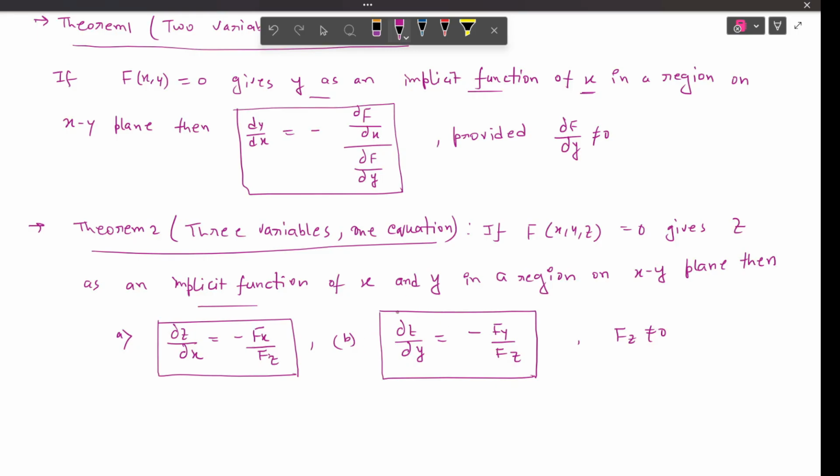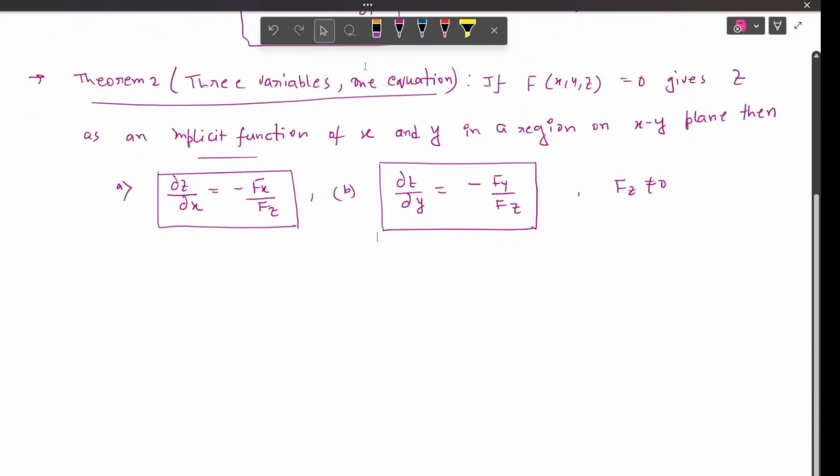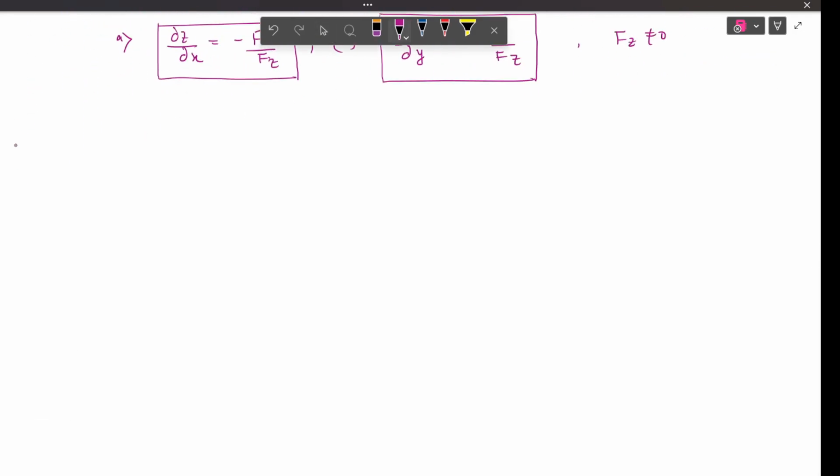Okay, so let's see one question so that this thing will be clear. Let us say find dy upon dx if cos x to the power y is sin y to the power x.